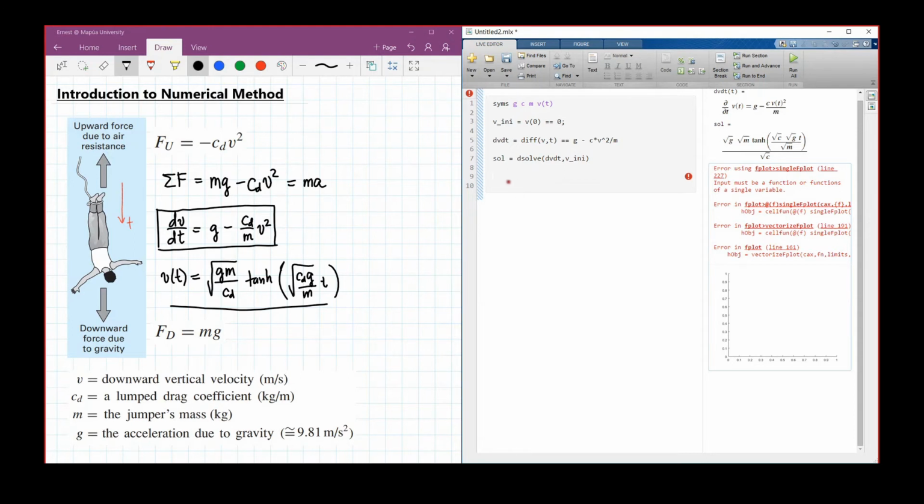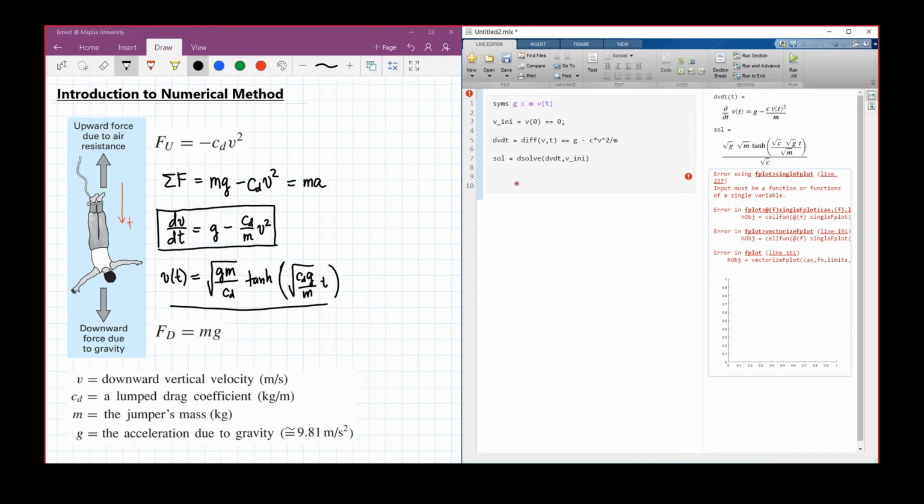Okay, so if we're going to solve this, what we can do is plot velocity versus time. Okay, so let's do this like this.